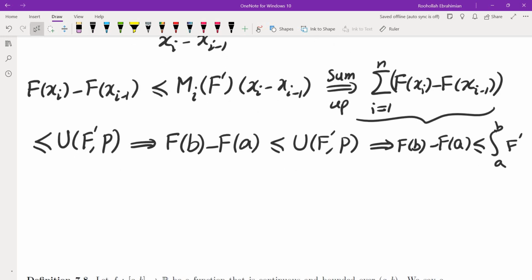Because the integral is the infimum of all the upper sums, and f of b minus f of a is a lower bound of the upper sums. Infimum is the largest lower bound.